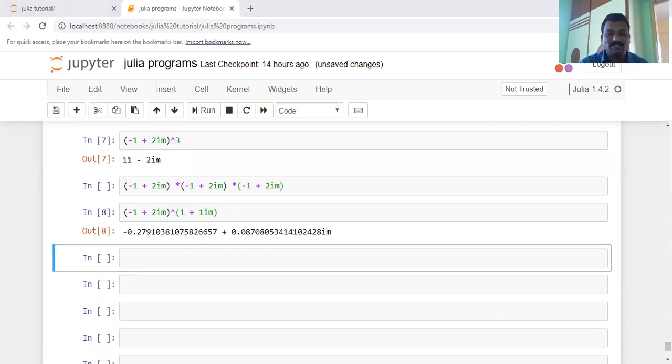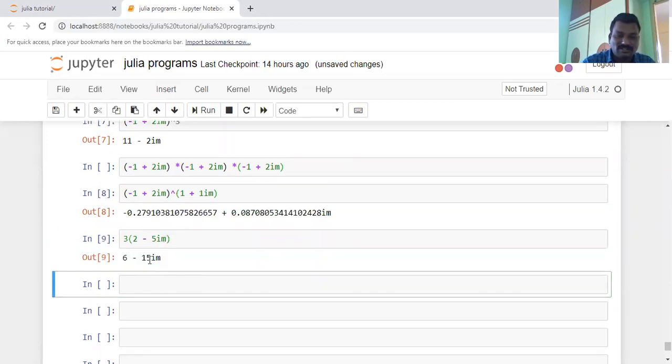Another important one here is that some of the operations are like this. For example, sometimes you may write for the imaginary number operation like this: 3 into 2 minus im. What is the value here? The value here is 3 into, that means the bracket indicates it is automatically treated as a multiplication.